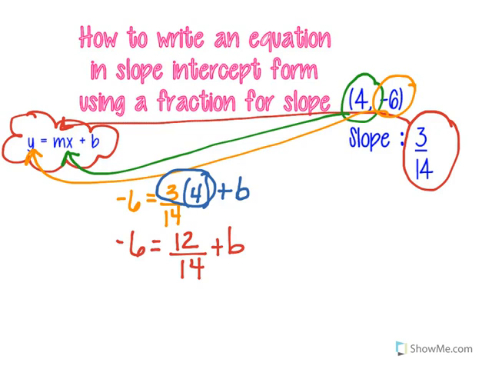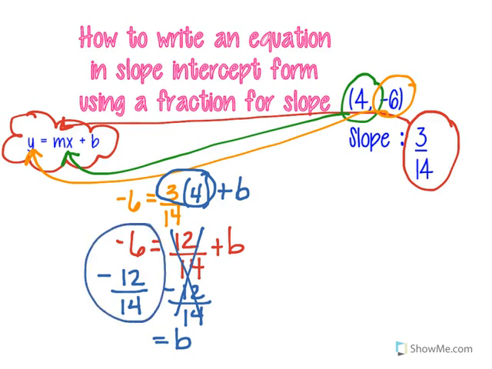Okay, now we have the fraction 12/14 plus b. In order to isolate b, we have to subtract 12 over 14 from both sides. And then we're left with b on this side, and we have to subtract these.